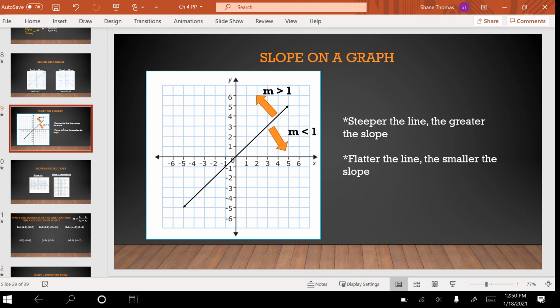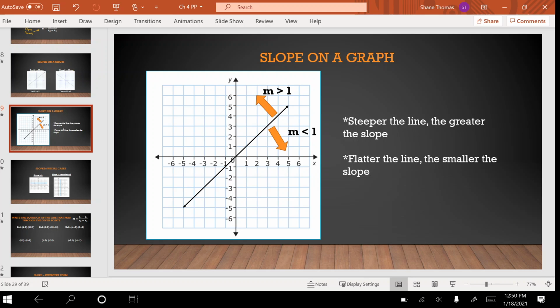Back to 1, maybe this would be 1/2, 1/4, and so on. When I hit 0, it's that. And then I would start with negatives. That makes sense? That's how the line looks as we go through.